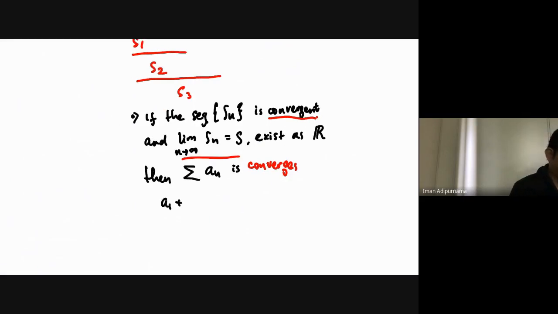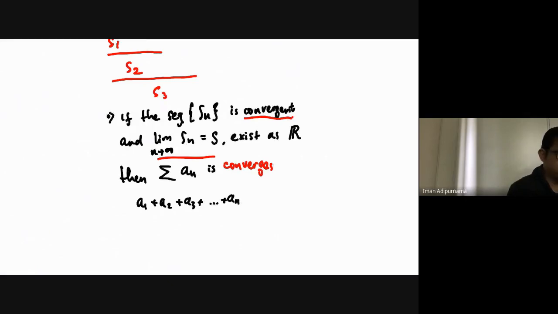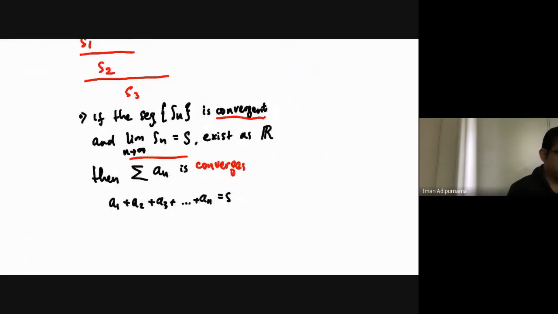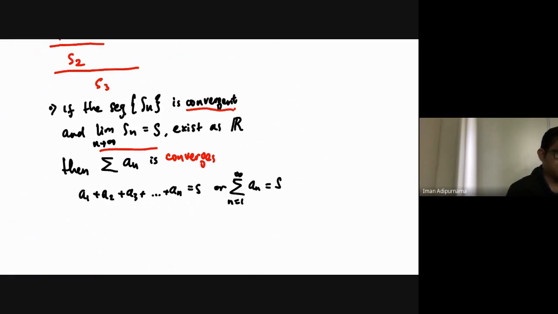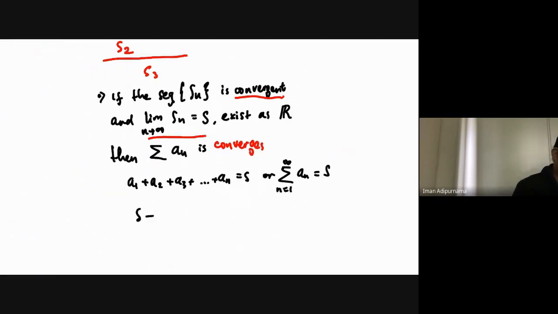So A1 plus A2 plus A3 plus An is equal to, or we can say that the sum of An is equal to S. And S is the sum of the series.